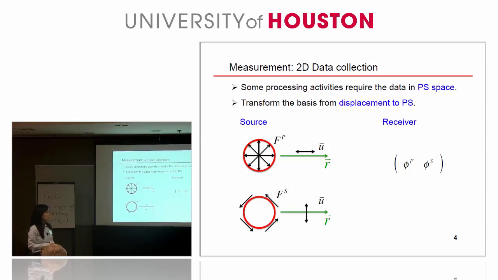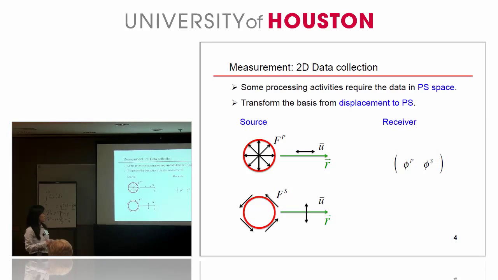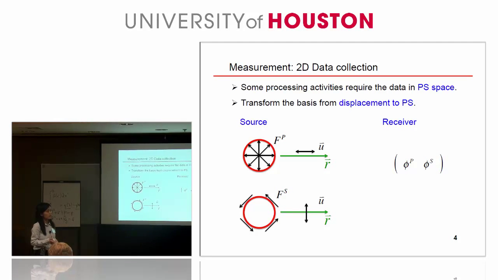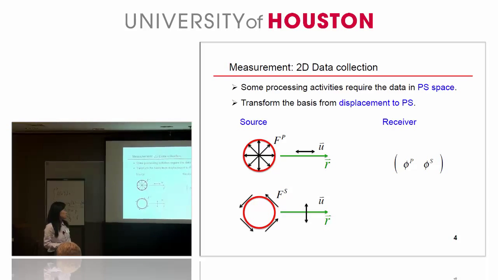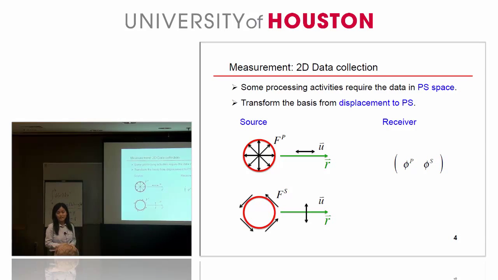So based on this kind of interest, we provide an algorithm to separate the reference wave and ghost in data in PS space. The first thing here is we need to transform the data from displacement space to PS space. I will comment at the end about this transform method.